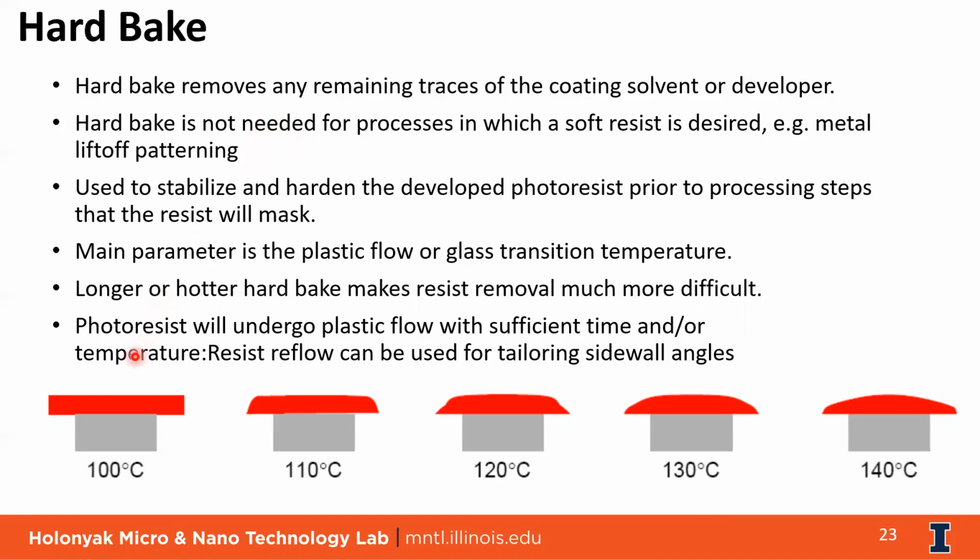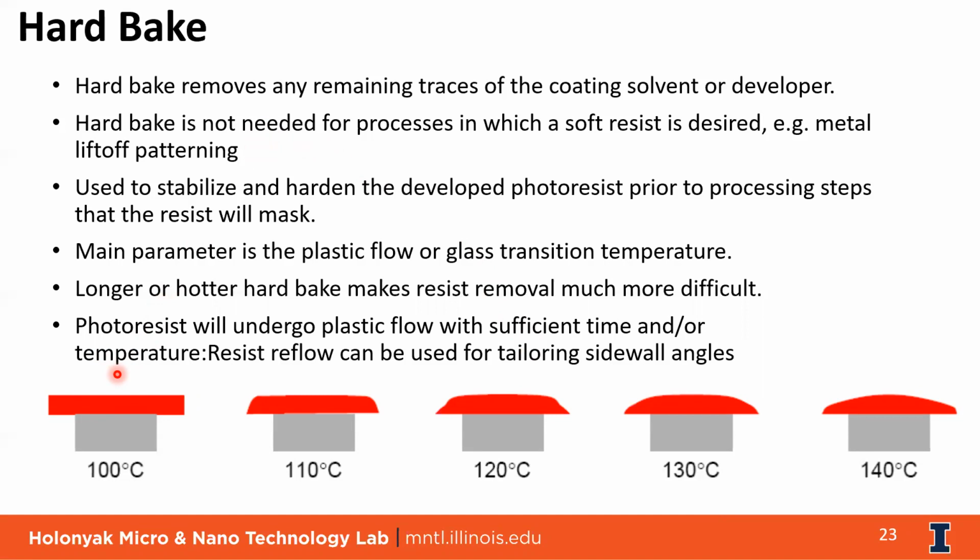During this hard bake process, it will remove any excess solvent from your photoresist and make it harder to sustain the etching environment. Based on the temperature and the duration, you can control your photoresist profile.